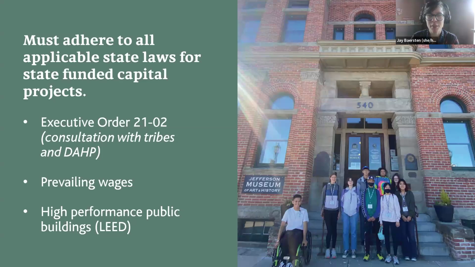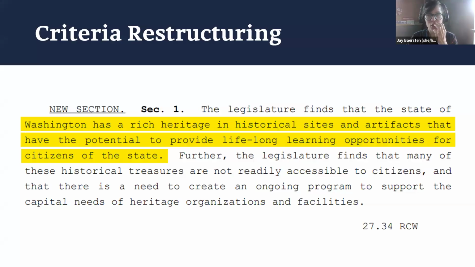Okay, I want to spend a little bit of time on the criteria restructuring I mentioned at the very beginning. We went back to the establishing language of the program, and in this first section, it says, Washington has a rich heritage in historical sites and artifacts that have the potential to provide lifelong learning opportunities for the citizens of the state.